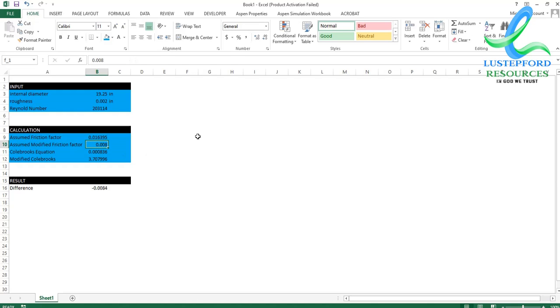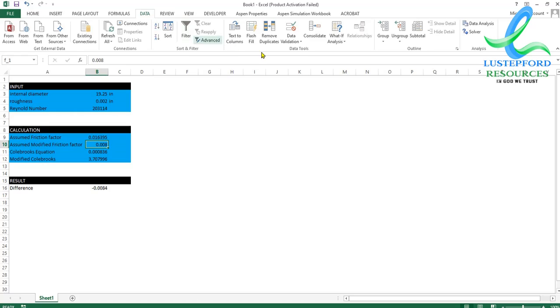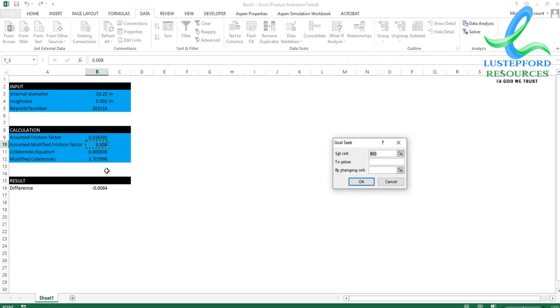Then this other one, we also use Goal Seek. What-if Analysis, select Goal Seek. Now we are looking at this, but this is the modified Colebrook equation.